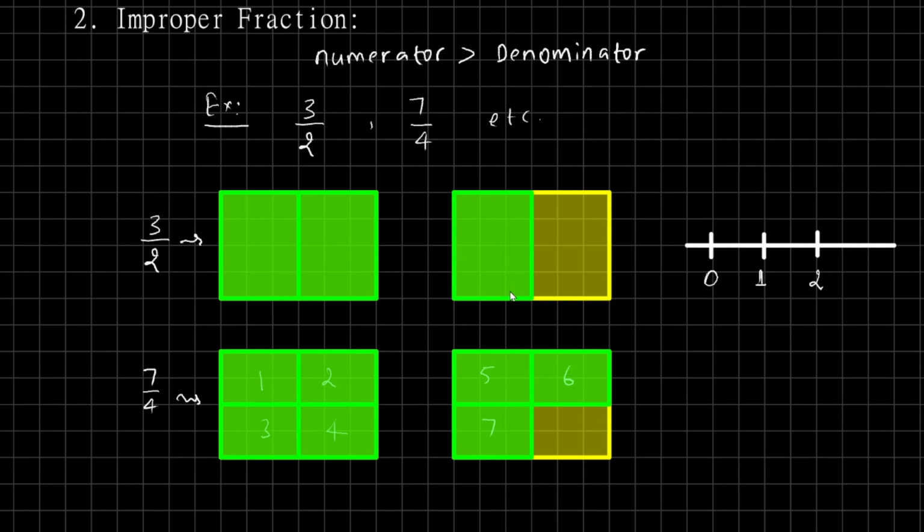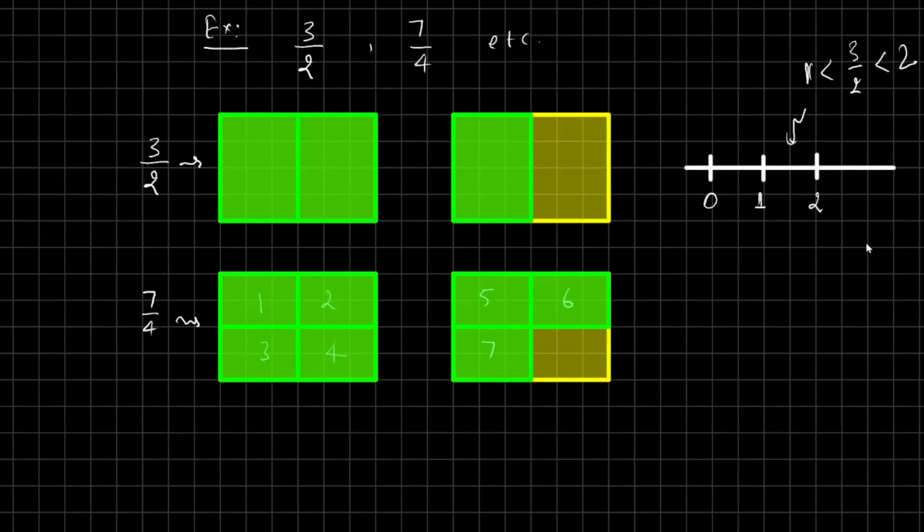So the question is, how can we locate these numbers on number line? Here we have one whole object, so we go one unit rightward from 0. Our fraction is going to be in between that whole number and the next whole number. So 3 over 2 is going to be in between 1 and 2.